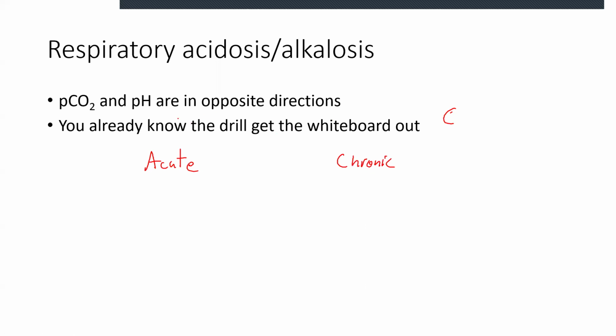All right, now each of these equations for the acute response in respiratory acidosis, it's just going to be the delta bicarb is equal to 0.1 times the delta PCO2.